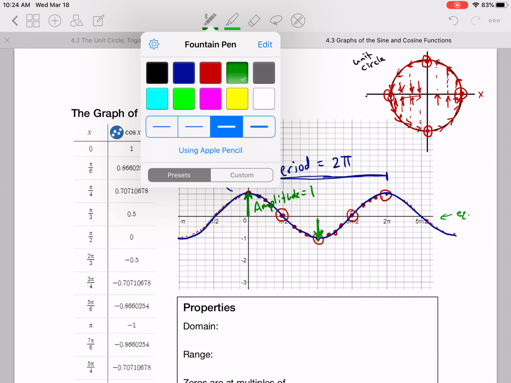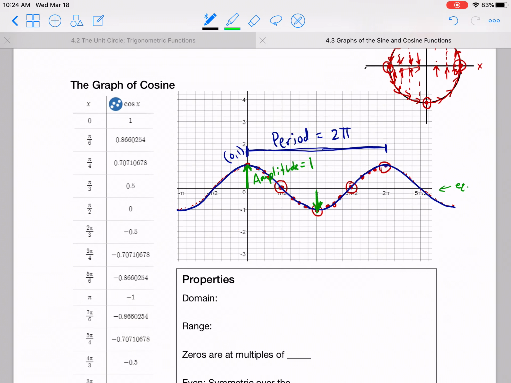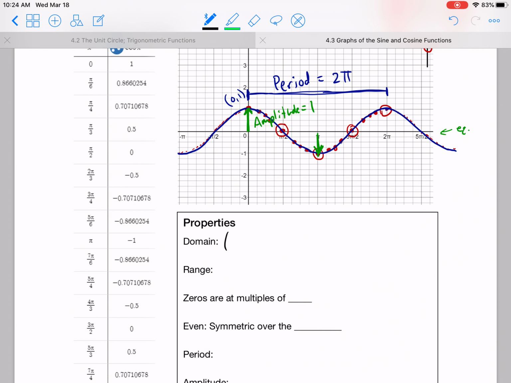So now if we go down here, we can start figuring out some of these properties. The domain is, again, -infinity to +infinity. We can plug in anything we want, and we'll get a result. The range, again, is staying below 1 and above -1, and inclusive of 1 and -1. So it goes from -1 inclusive out to 1 inclusive.